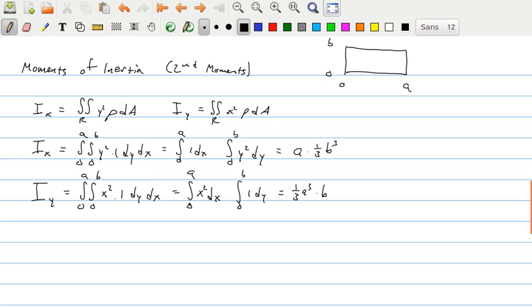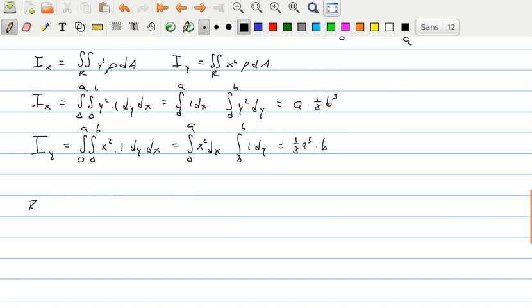Now we can use these two together to get something called the radius of gyration. And the radius of gyration, this r bar, is actually defined as the square root of whatever your particular moment is divided by the mass.